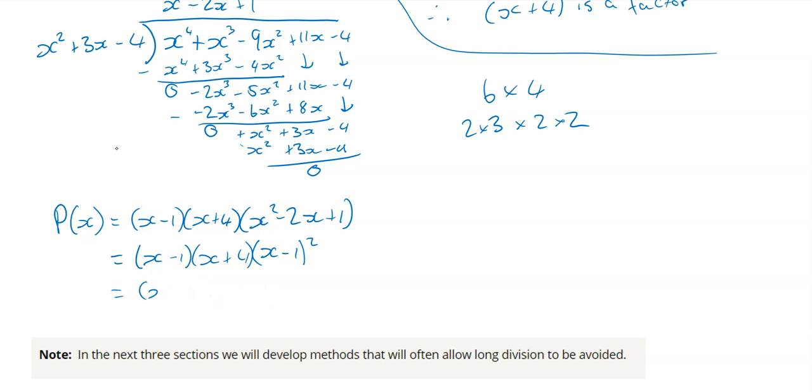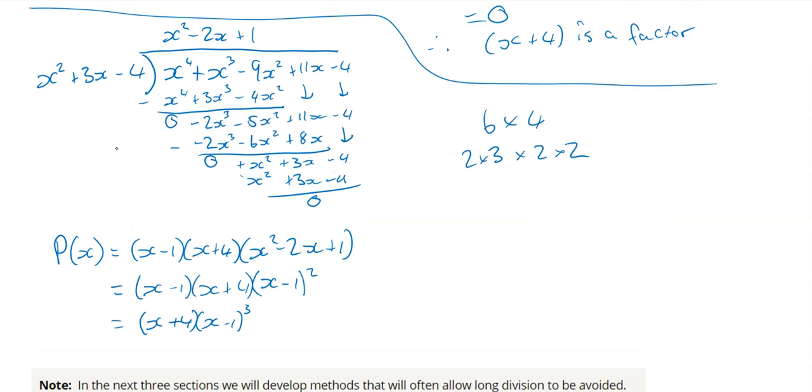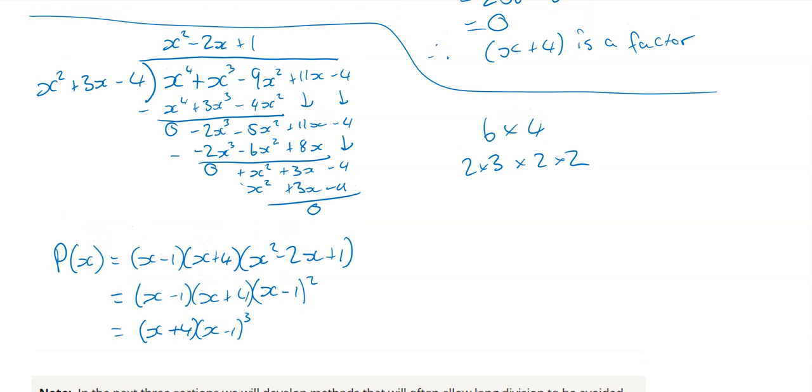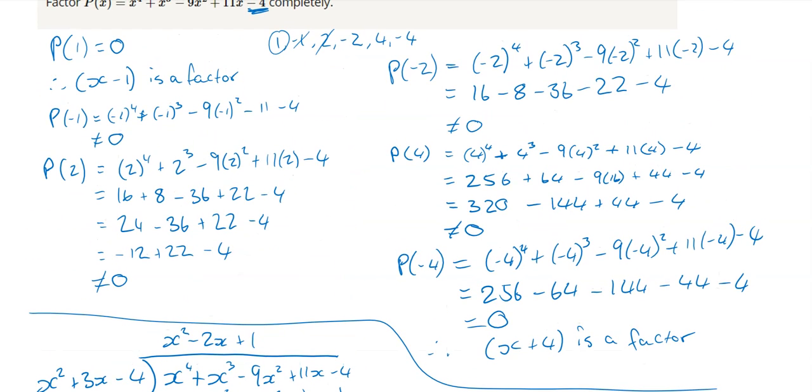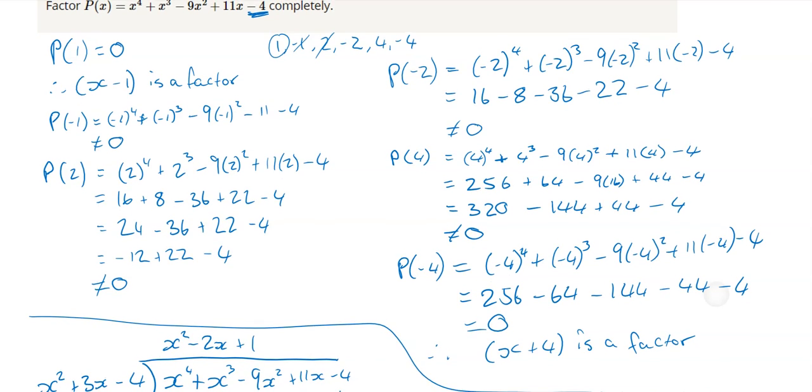Which I would rewrite as x plus 4, x minus 1 cubed, because I'm pedantic. That little cube was separating the brackets, and I don't like brackets separated. So that's done there. What our problem was is we realized x minus 1 is a factor.